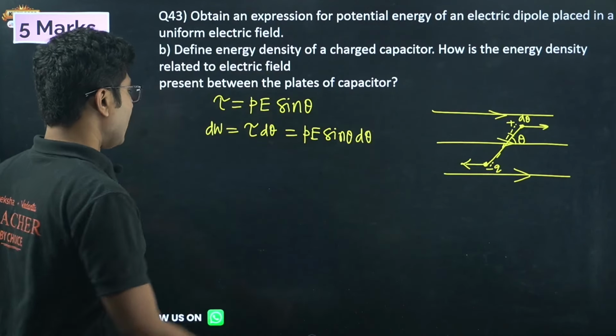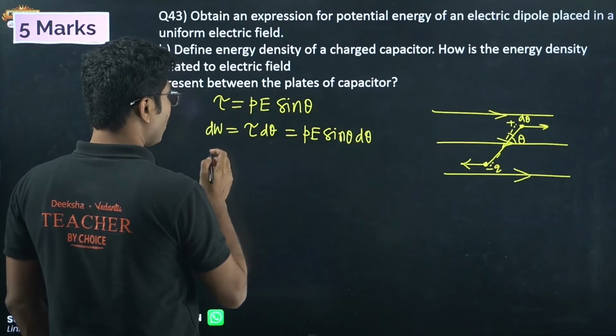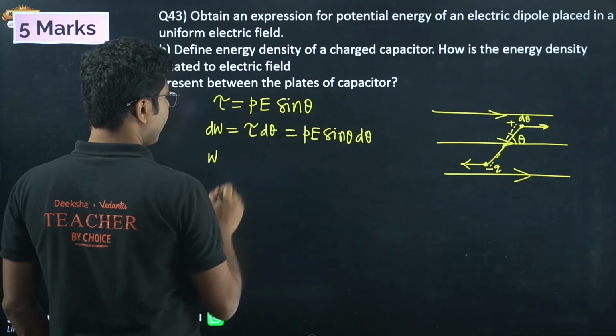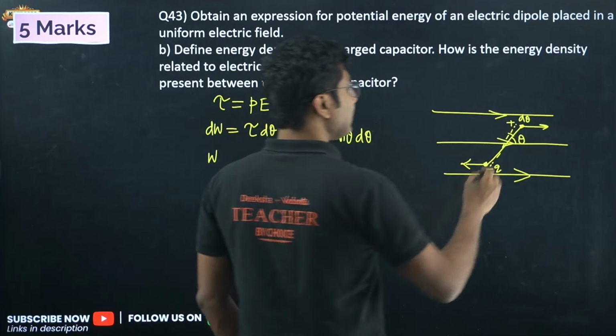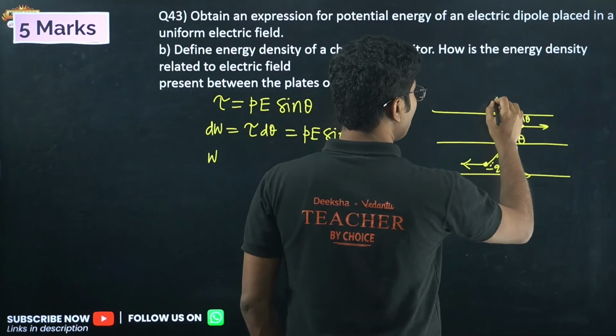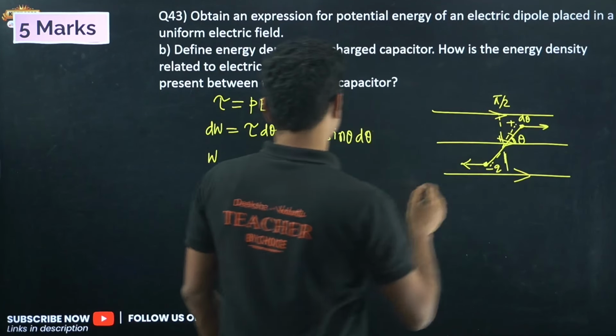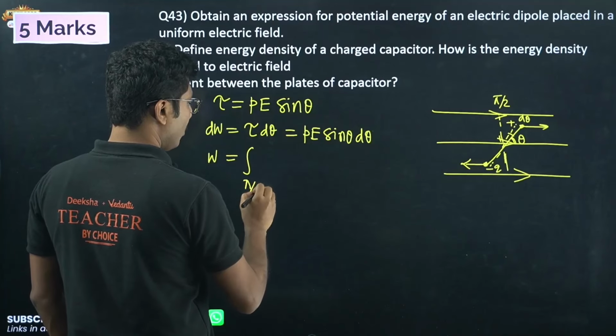Now we have to calculate the total work done. Total work done to rotate it, we will start at an angle 90 degrees, to the angle theta. So our starting angle is pi by 2 and our final angle is theta.